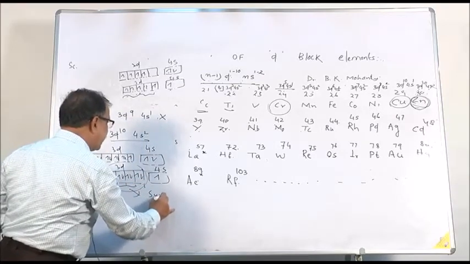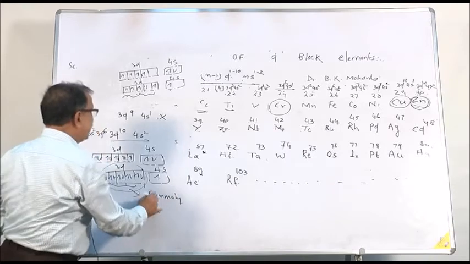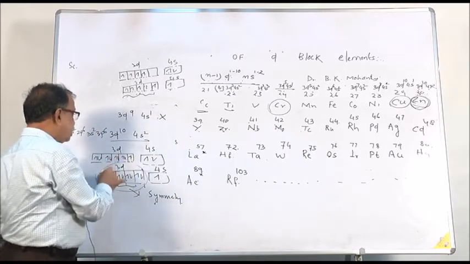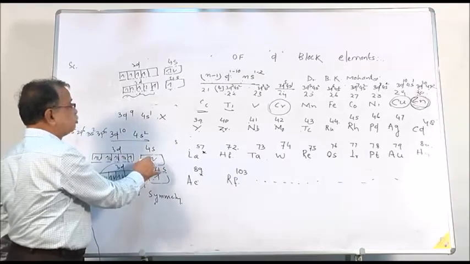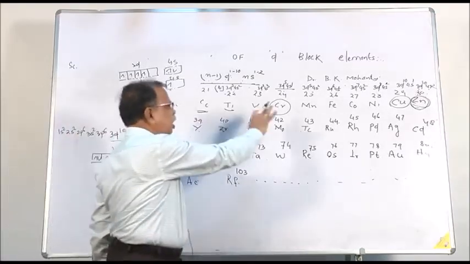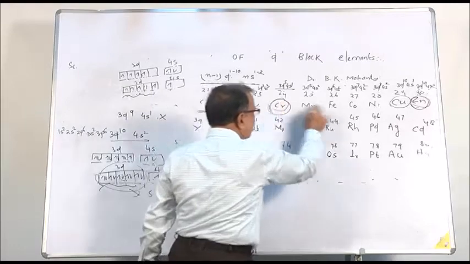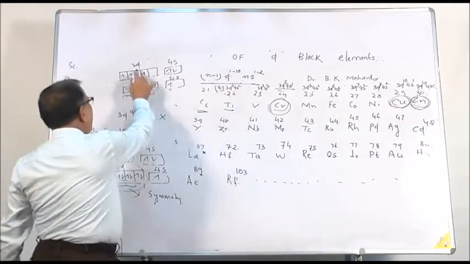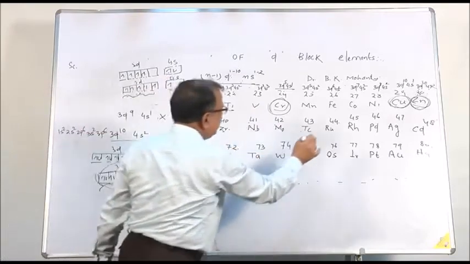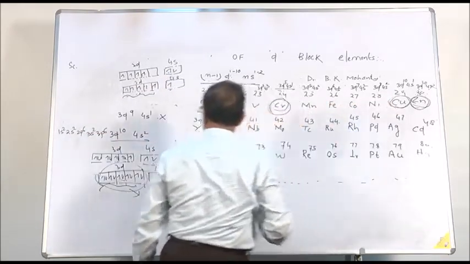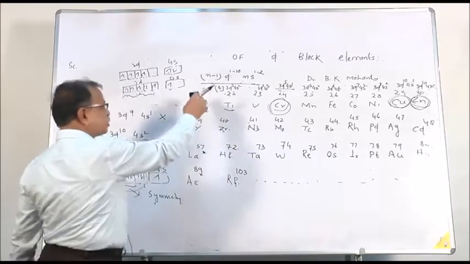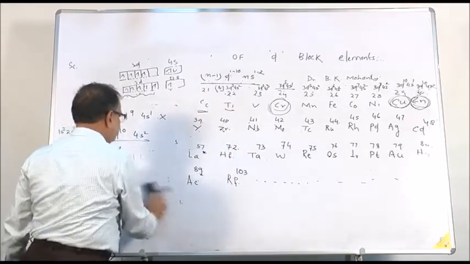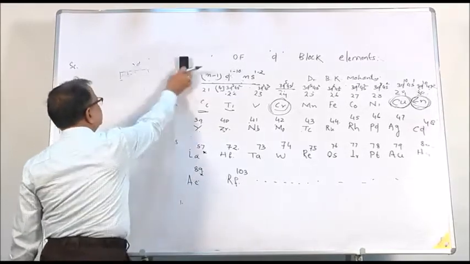So due to high symmetry, it is more stable. Hence the configuration will be 3d10 4s1, not 3d9 4s2. These are exceptional; all other cases follow the order. Only chromium and copper have 3d5 4s1 and 3d10 4s1. This is all about electron configuration of the 3d series elements.